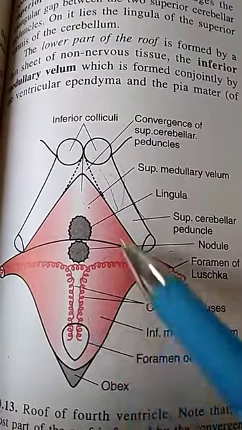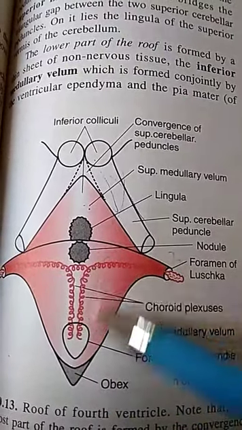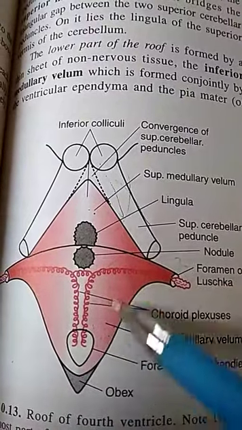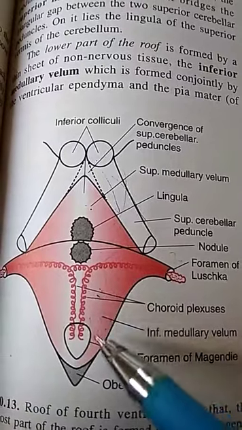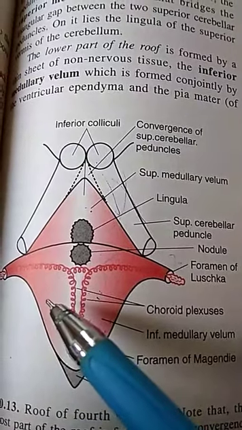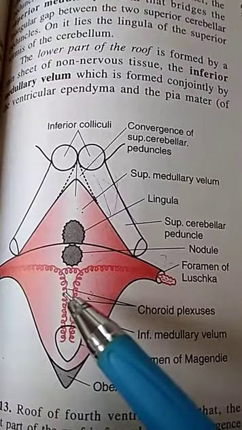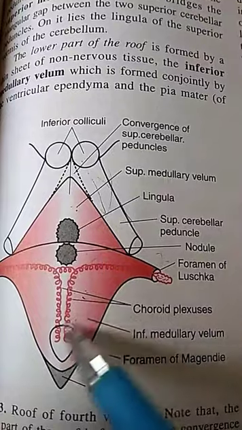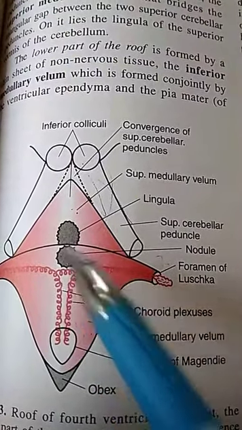whereas the lower part of the roof is formed by a sheet of non-nervous tissue known as the inferior medullary velum. This inferior medullary velum is formed by the ependyma of the fourth ventricle as well as pia mater. It is related to the nodule of the cerebellum.